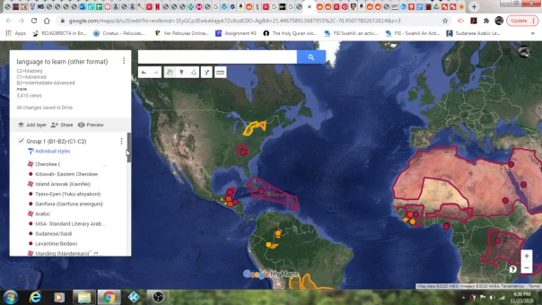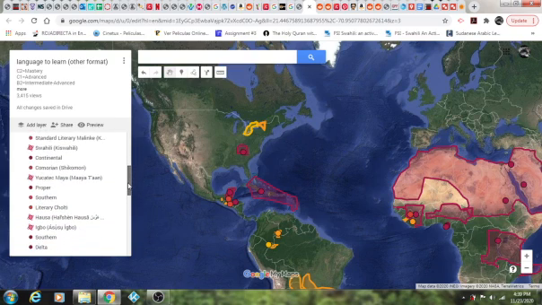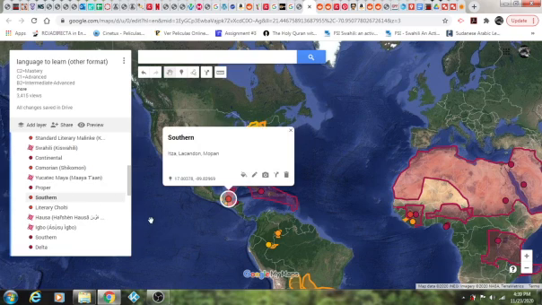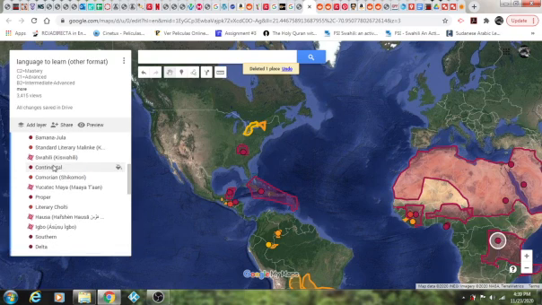So how many languages do I have in this group? I have 8. I have a few different dialect variations and focus dialects in the darker shade.